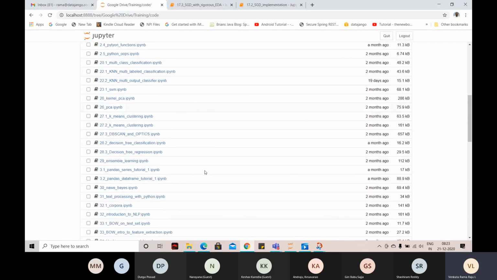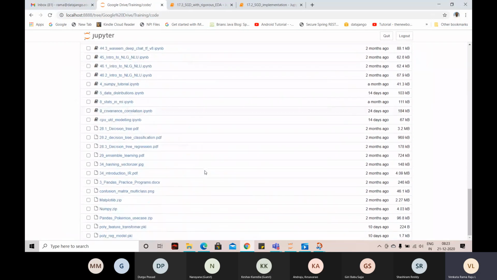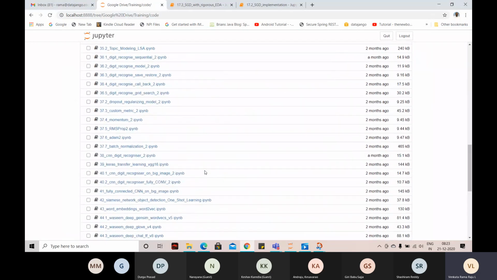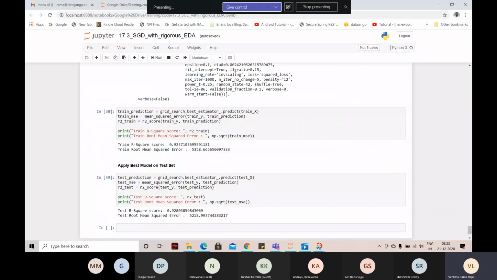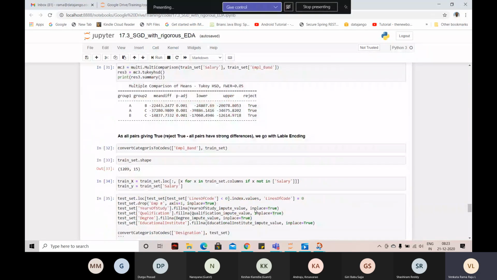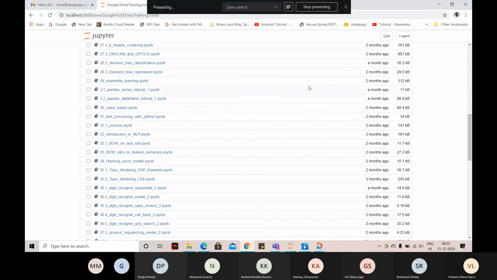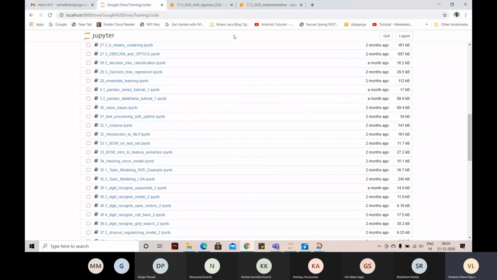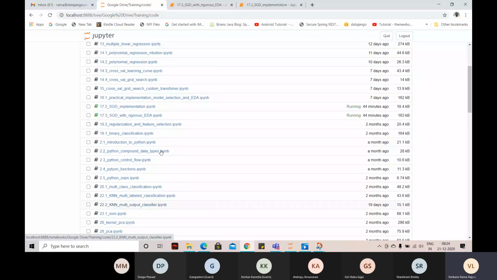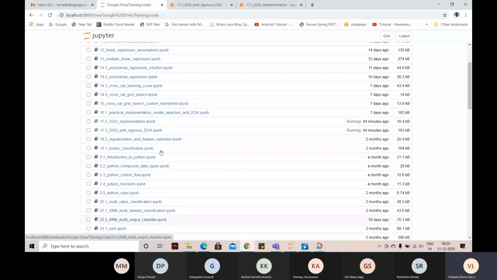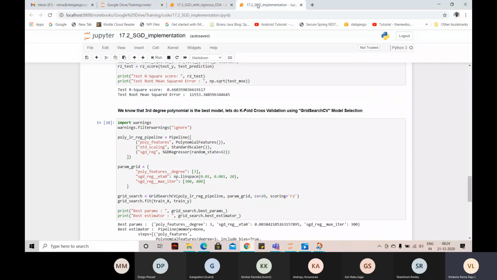GD implementation. So let us look at a code example.